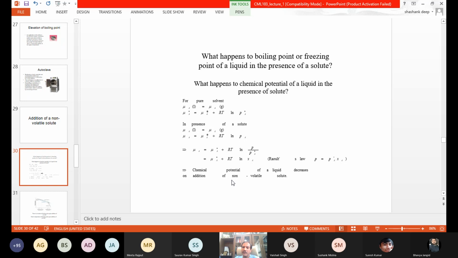Okay, so you can understand, if I want to decrease the chemical potential, I should add a non-volatile solute. Okay, so chemical potential decreases with the addition of a non-volatile solute. And now I will show it by the picture. You just remember this. You don't need to understand how to develop this equation.